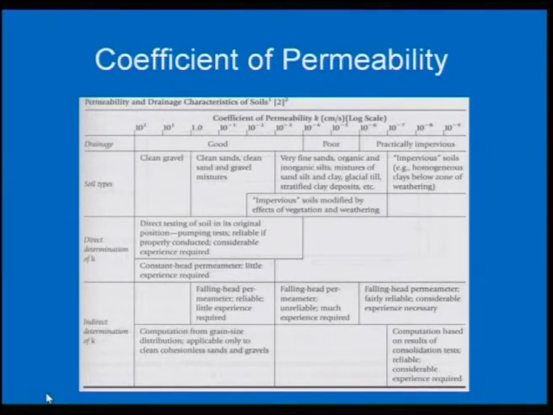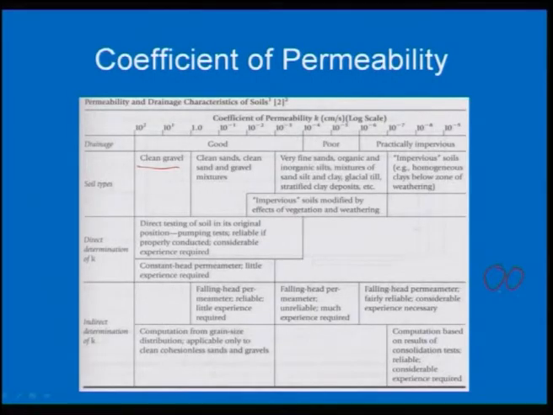If I start with this soil type, clean gravel, these are all clean boulders, big sizes. For clean gravel, generally it varies about 10 to the power 2 to 1.0. Now, clean sand and gravel mixture, that means gravels with sand particles, varies between 10 to the power minus 3 to 1.